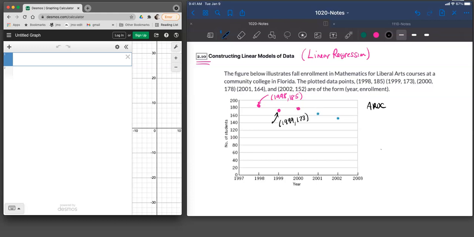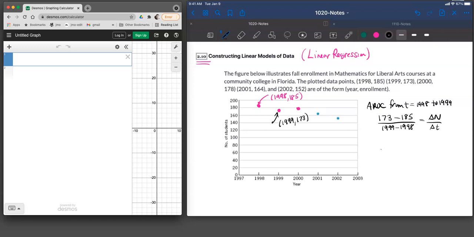And if we look at the average rate of change from the year 1998 to the year 1999, we can see that the average rate of change is going to be 173 minus 185. That's the change in the number of students over a change in time of 1999 minus 1998.